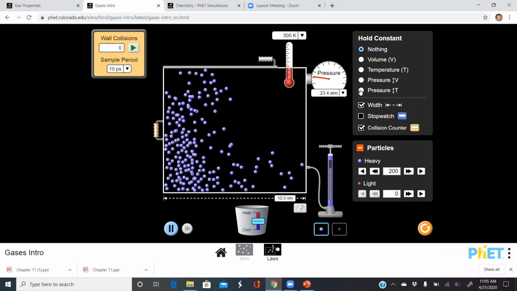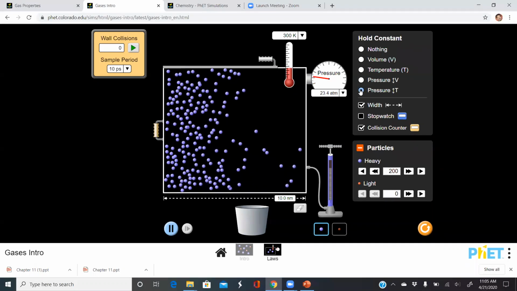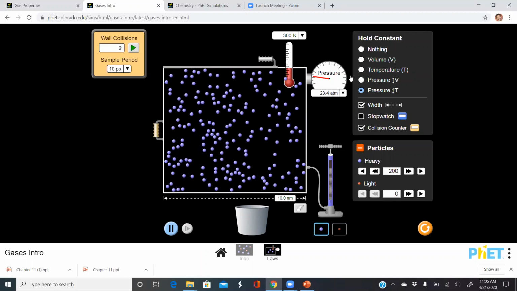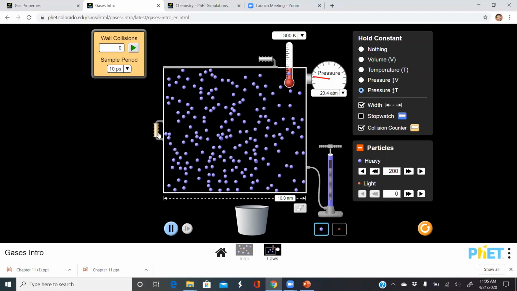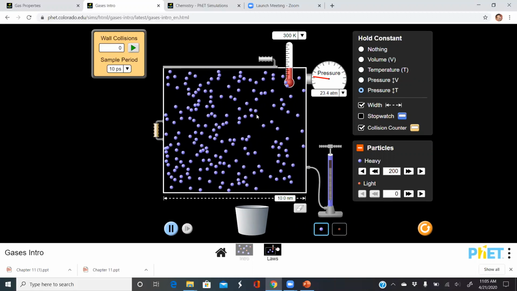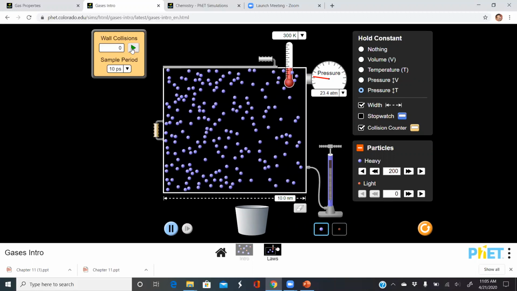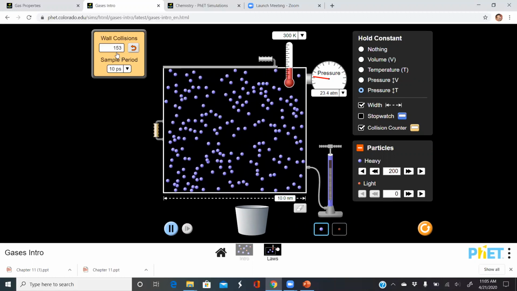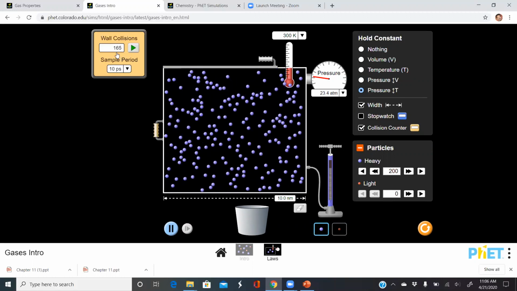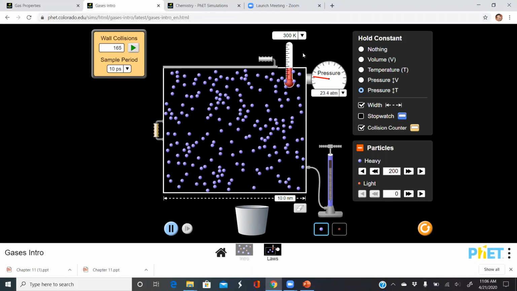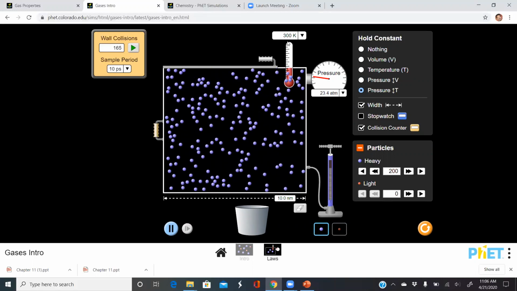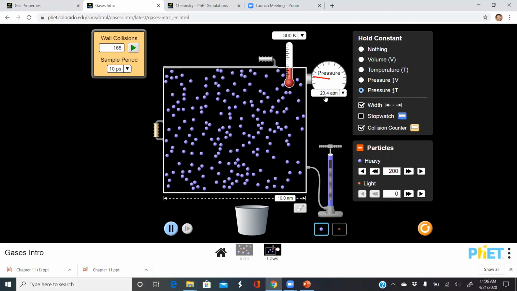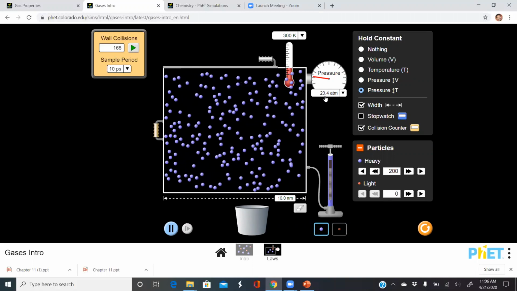Now I want to keep pressure constant, and I only want to see the effects of temperature and volume. So right now with these number of particles, they're colliding on the container, and I can see per 10 picoseconds, there's about 165 collisions. What's more important, at this temperature of 300 Kelvin and this volume, I have a pressure of 23.4 atmospheres.